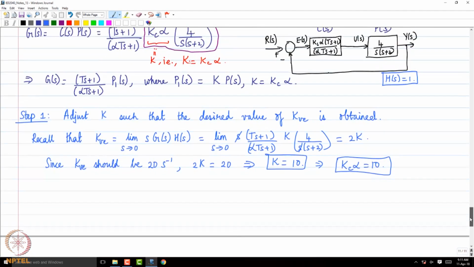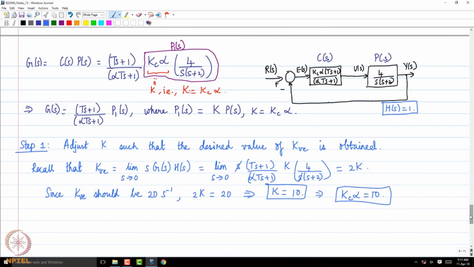Once we do this, let's rewrite the forward path transfer function and P1 of s. Thus we can immediately see that P1 of s, which is k times P of s, is equal to 10 times 4 divided by s times (s plus 2), which is equal to 40 divided by s times (s plus 2).